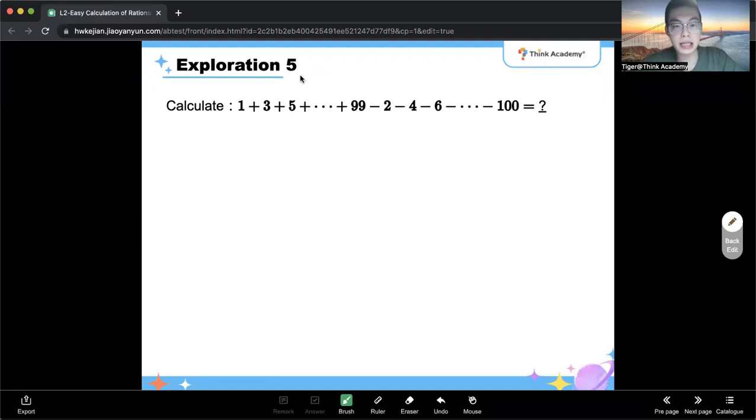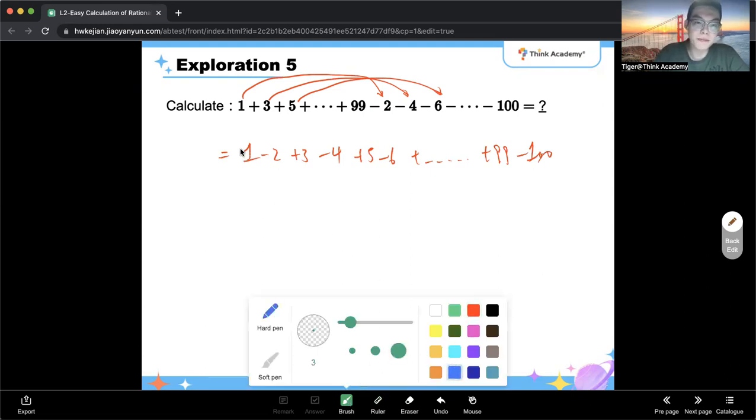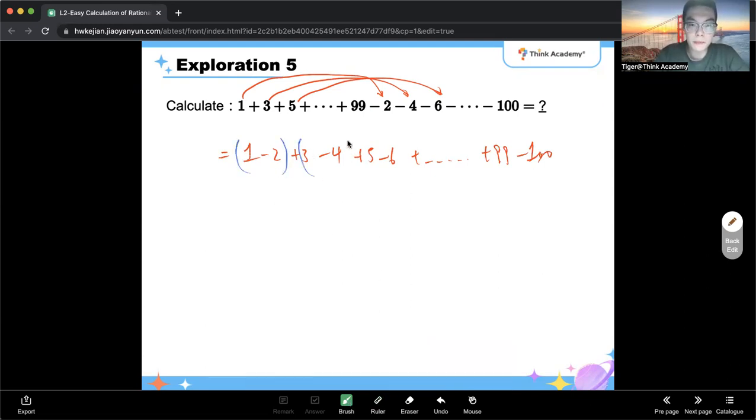And we know that these are going to be alternative, which means that if I bind 1 to 2, I bind 3 to 4, I bind 5 to 6, rearranging all of them, I'm going to get 1 take away 2, adding 3 take away 4, adding 5 take away 6, all the way to 99 take away 100, right? And we know that each 2 of them is going to be one group.